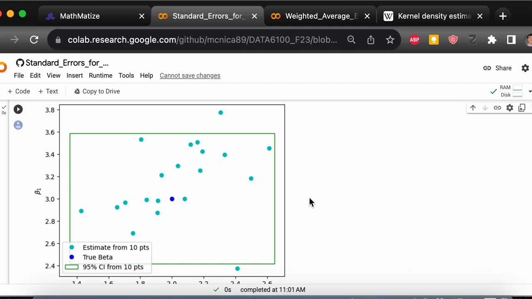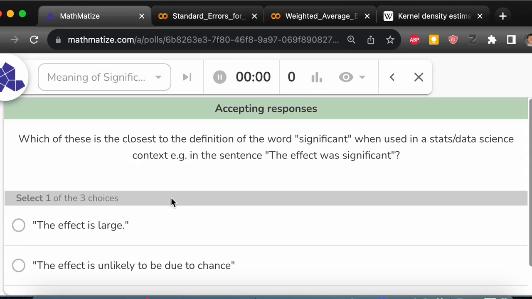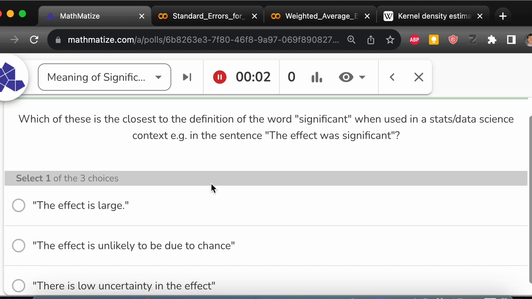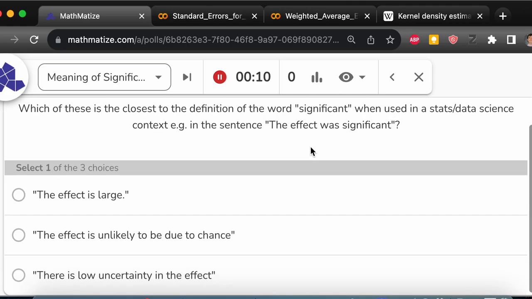But now we can combine our estimate and the uncertainty, and we can say, is it significant? Okay, but the question is, what does significant mean? So when people say it's significant, which of these 3 sentences is the most accurate answer to what they mean? And pick your favorite. So I'll give you 1 minute to think about that.